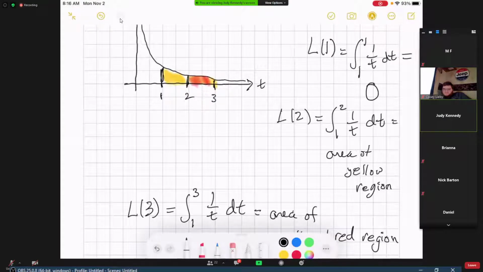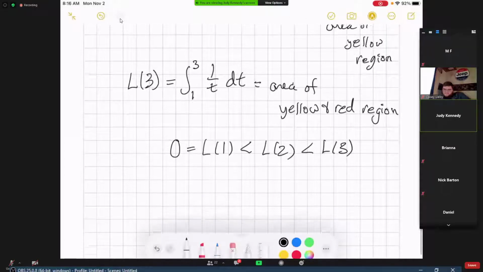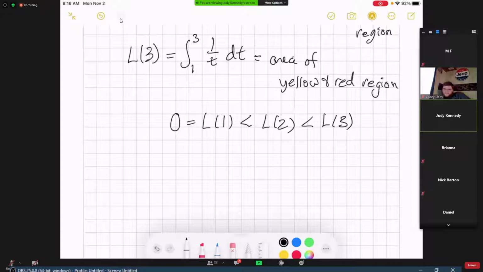Okay, so for numbers that are larger than 1, we can interpret this function as giving you the area under the curve. In fact, you can also see 0 is equal to L of 1, and that's less than L of 2, and that's less than L of 3, because L of 2 corresponds to an area that's smaller than the area that corresponds to L of 3.